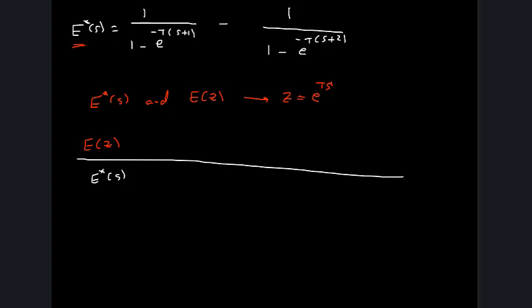If we recall, E star of s was equal to the summation of the residue at poles of E lambda, the residue of E of lambda over 1 minus exponential minus t of s minus lambda.